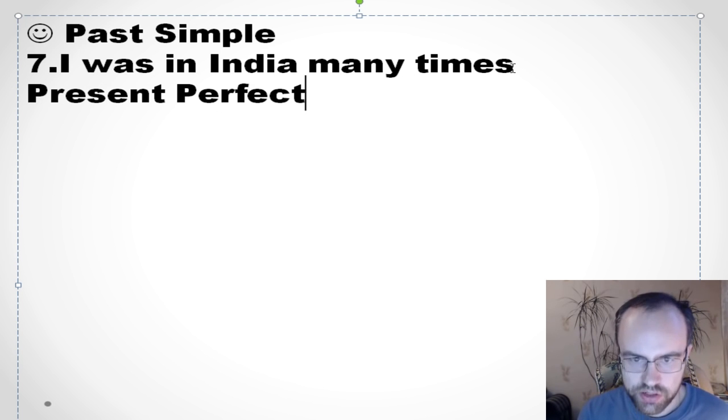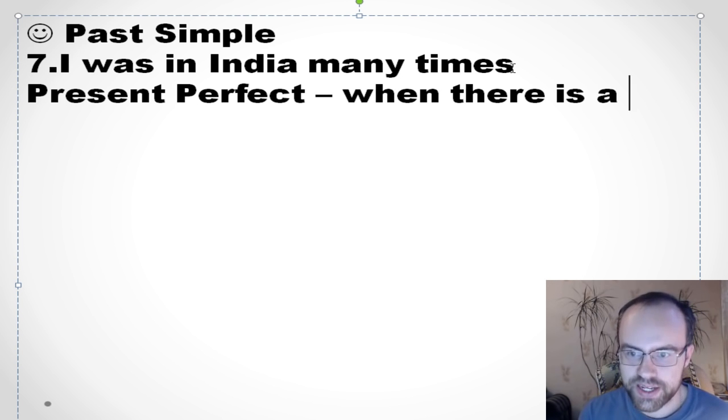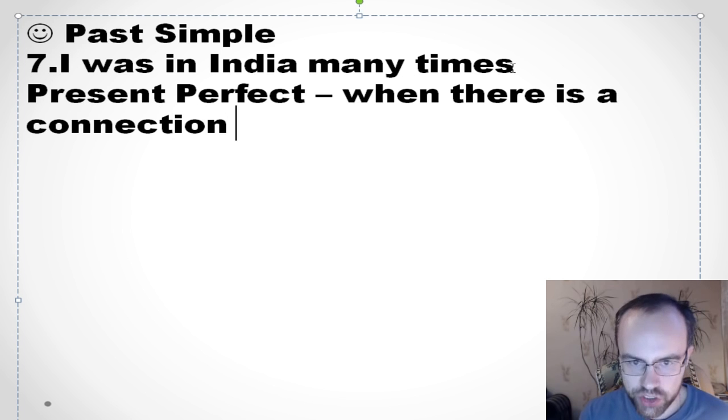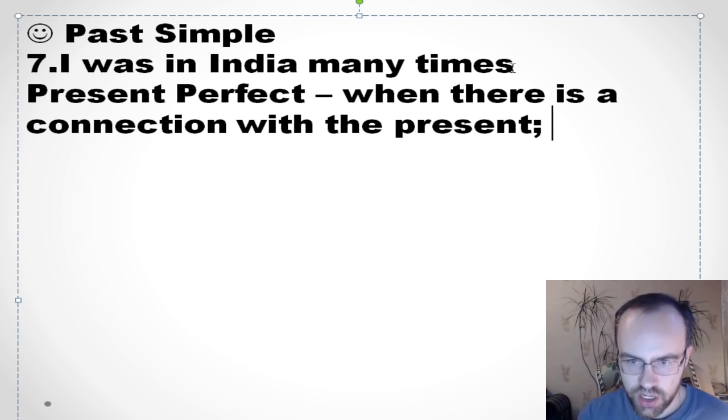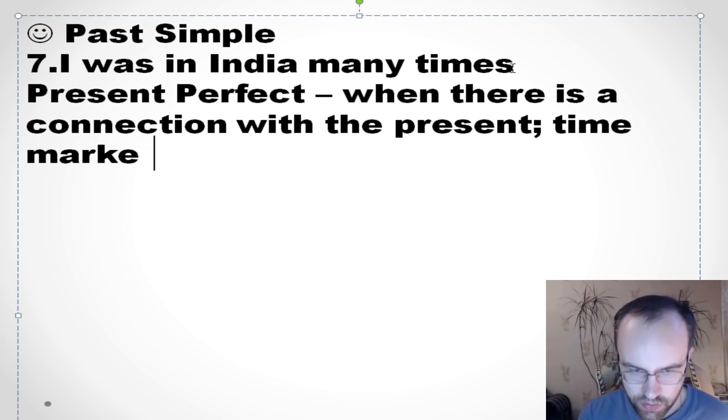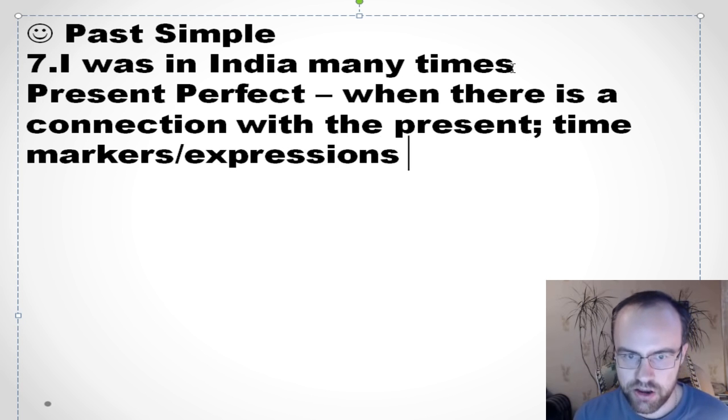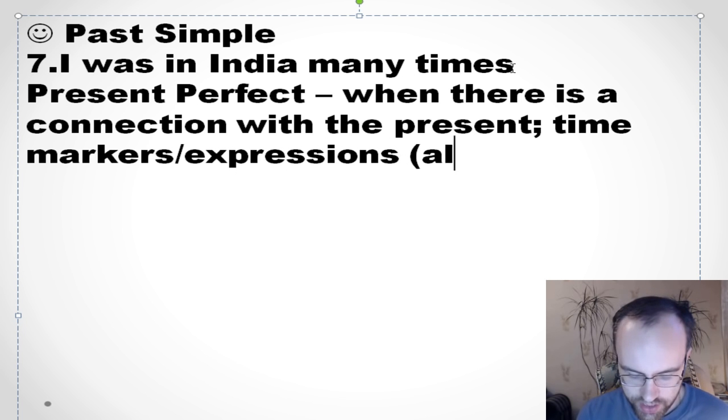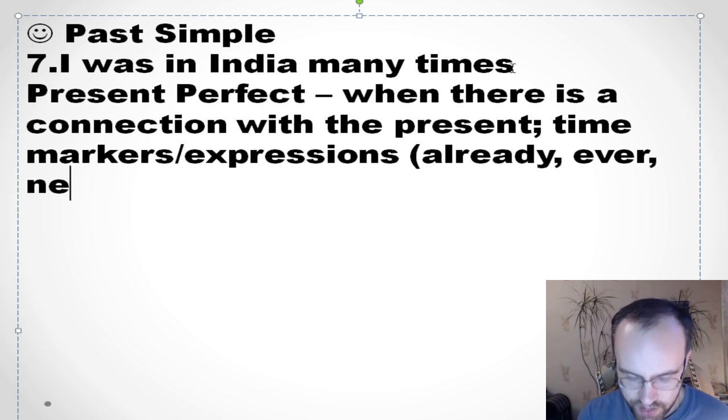Okay, when do we use present perfect? When there is a connection with the present, and some time markers or time expressions can really help you. It's like already, ever, never.